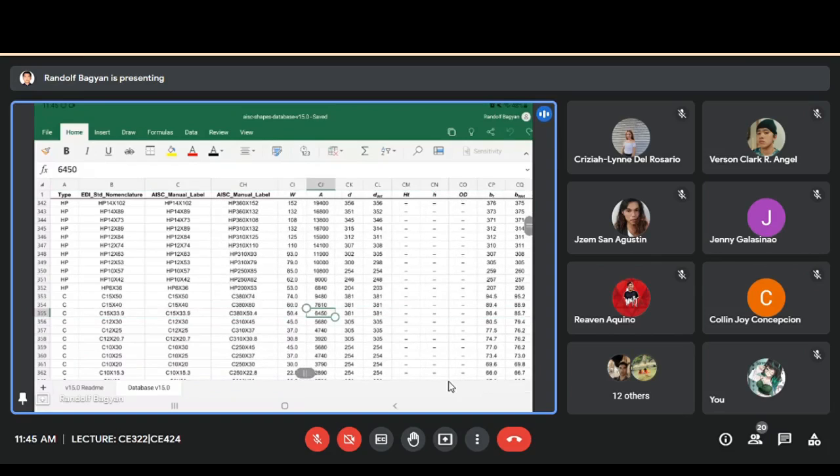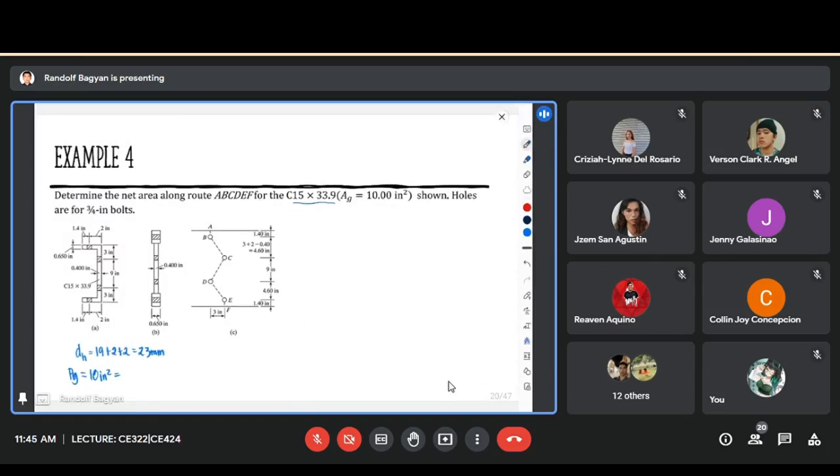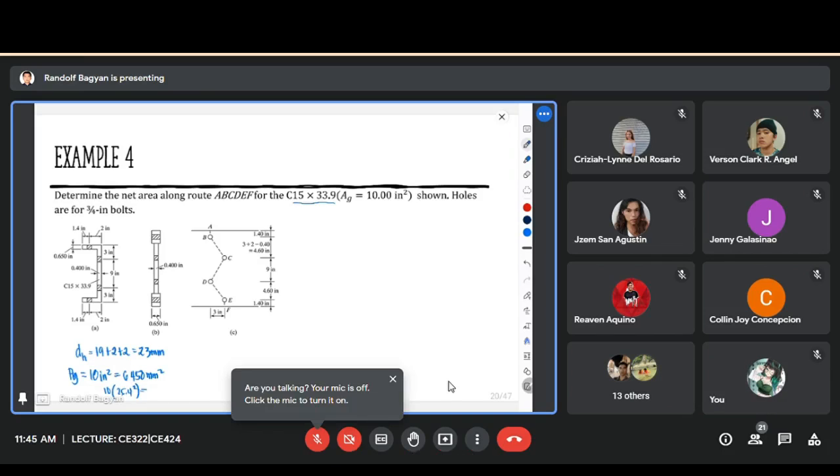That's 6,450 square millimeters. Tama ba? 10 by 25.4 square, 6,452. Okay. Wala namang diferensya, no? That's a difference of 1.6 square millimeters. Six four 50. Ayan.